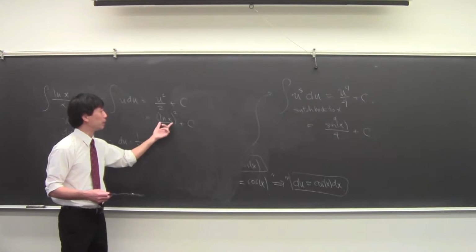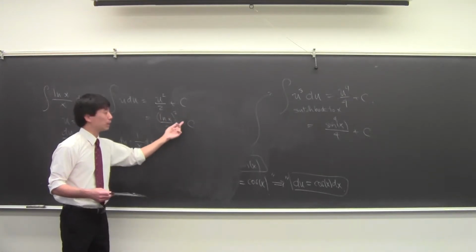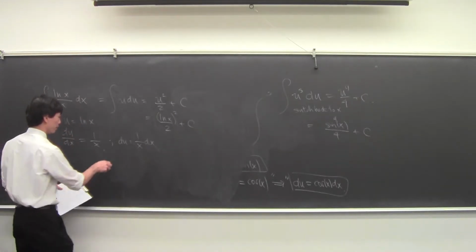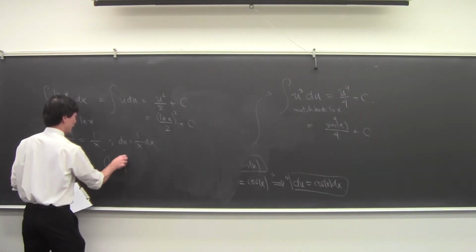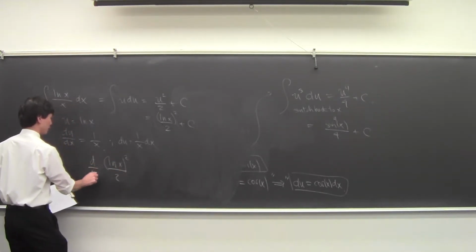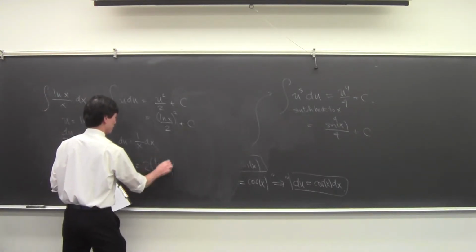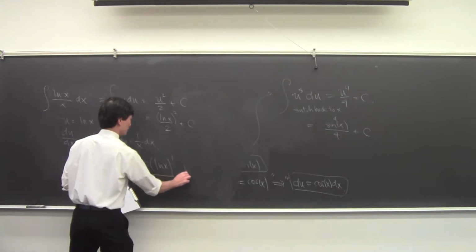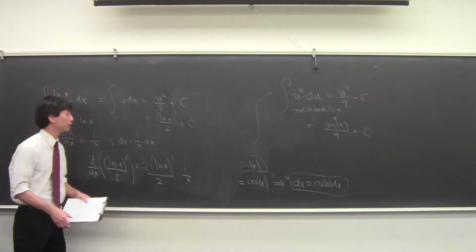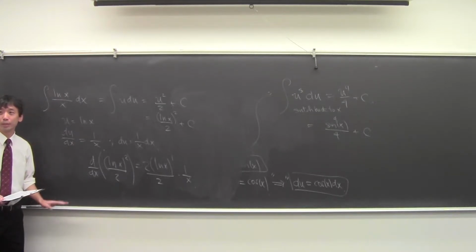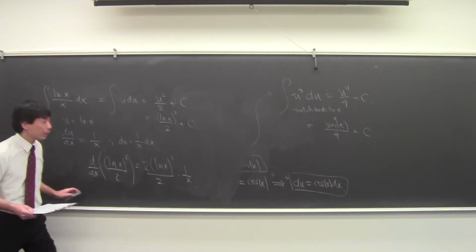You get natural log x, then times 1 over x, which is natural log x over x.